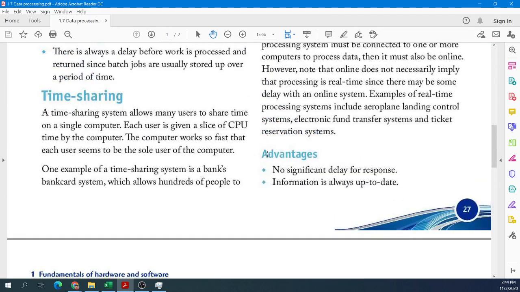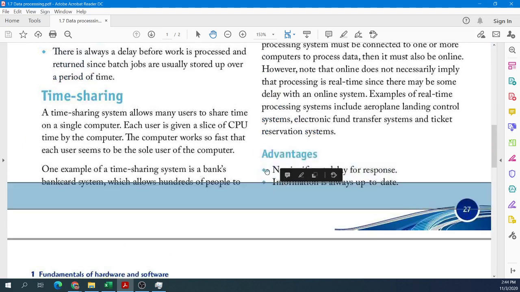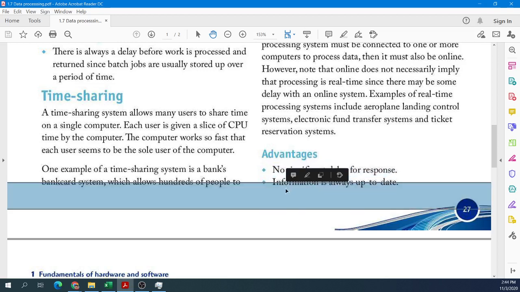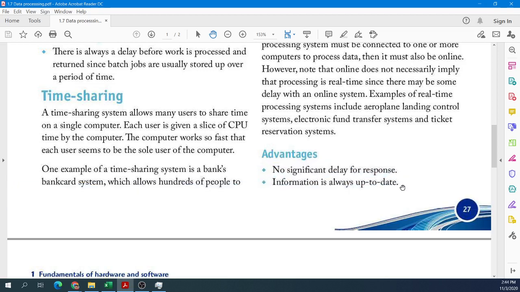So when it comes to the advantages of real time and online, there is no significant delay. So basically we don't have to wait. If you go to the ATM, you don't have to wait to get your money. Your money comes out within a few seconds. Information is always up to date.